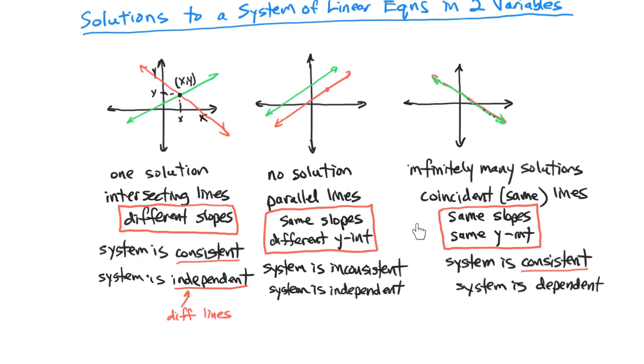If the slopes are the same, you're in one of these two cases. These are like the oddball cases. The vast majority of the cases that we see are this first one, because that's where we get one solution, which is usually what we're looking for.